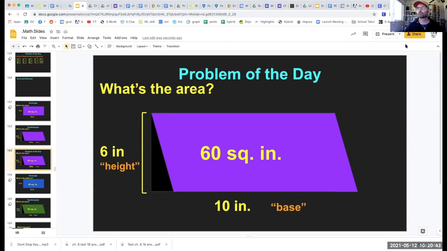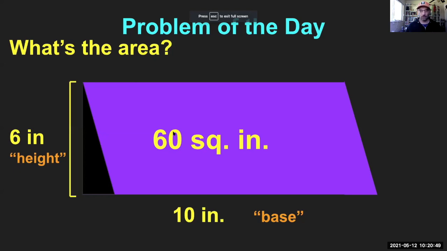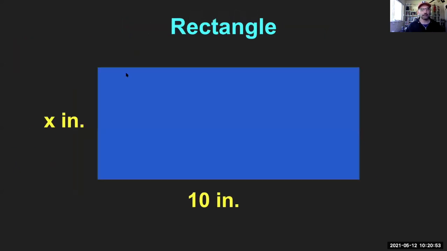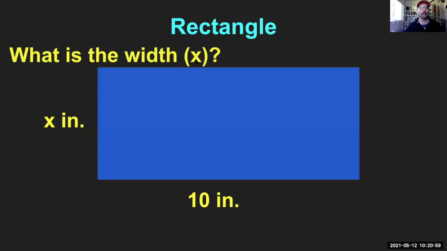Okay, so now we know that, but sometimes you're going to get a rectangle that looks like this. And what they want you to do is find what is the width. So what is this up and down one, right?